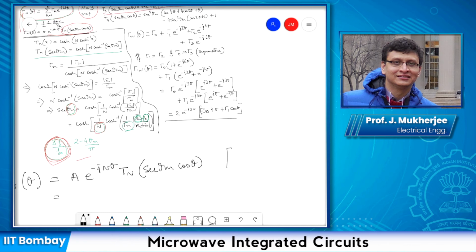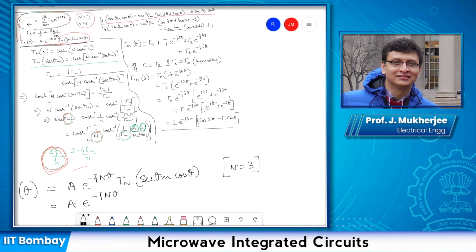So here n is equal to 3, then this becomes equal to, I'm using this equation.